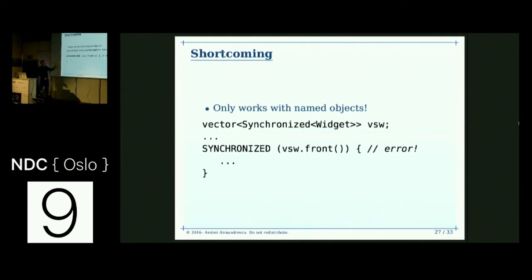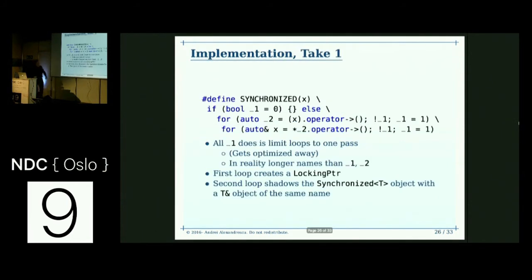And now I want to synchronize on this vector front. What's going to happen there when you expand the macro? Who can tell us? Yes? The variable names will be long. Remember I said this x here is a macro parameter, it's going to shadow whatever. But in this case I call synchronize with an expression, it's not a name.